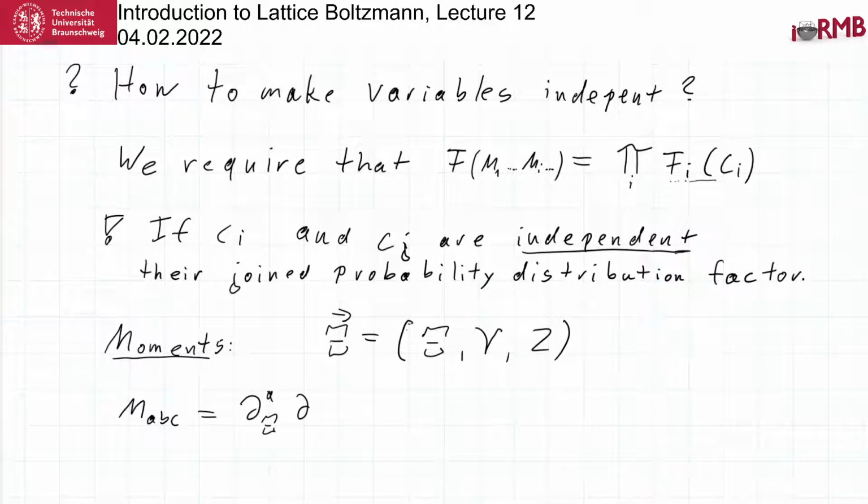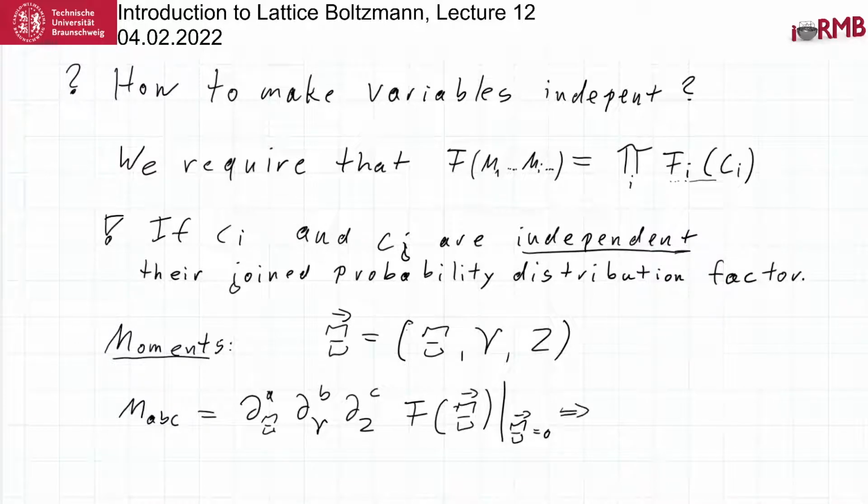So we call this Xi in the x direction, epsilon in the epsilon direction and zeta in the z direction. So this is now the moment generating function, and we do all of this at frequency equal to 0.